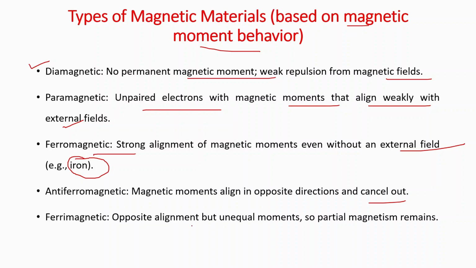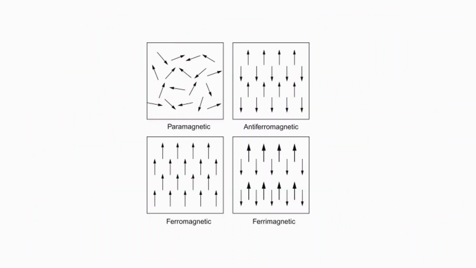Another is ferrimagnetic material. They also have opposite alignment, but unequal in magnitude, therefore there is some magnetism in ferrimagnetic materials. So these are five types of magnetic materials: diamagnetic, paramagnetic, ferromagnetic, antiferromagnetic and ferrimagnetic. We will discuss them in another video in future.